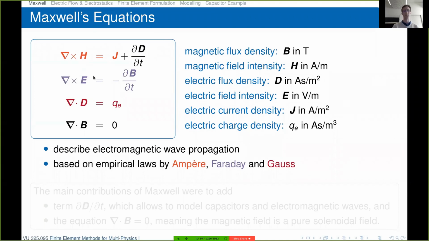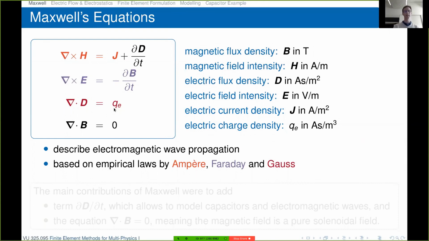Faraday's law of induction relates the curl of the electric field to the time derivative of the magnetic flux density, and Gauss' law describes the divergence of the electric flux density equal to the charge density.